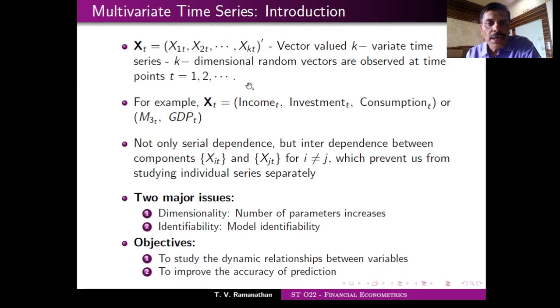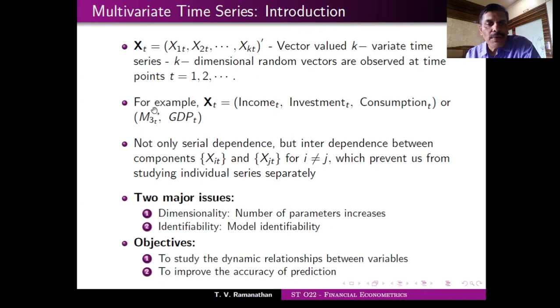Suppose income, investment, consumption. You are observing these three. You know that from income you also consume and you also invest, so these are related basically. So I can't really have one series only on consumption. Of course, you can have it, but then it is not complete in that respect.